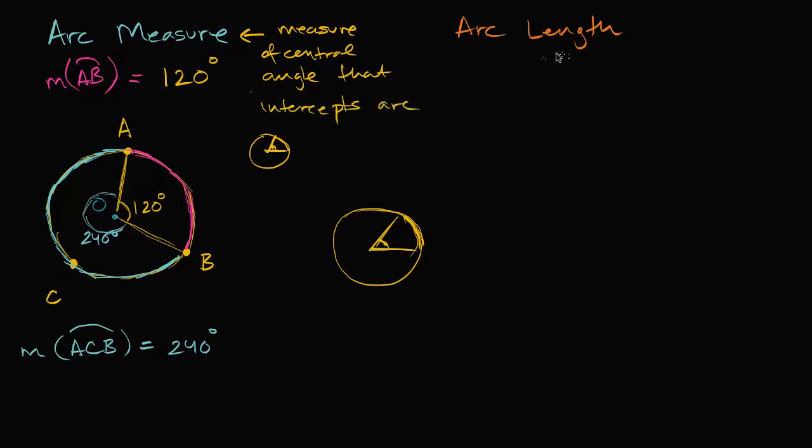When you talk about arc length, yes, it's going to be dependent on the angle, but it's going to be dependent on the measure of that central angle plus the size of the circle. You're actually talking about a length now when you're talking about arc length, while here you're talking about a degree measure.